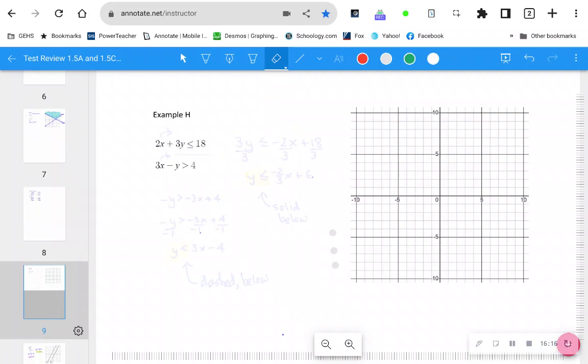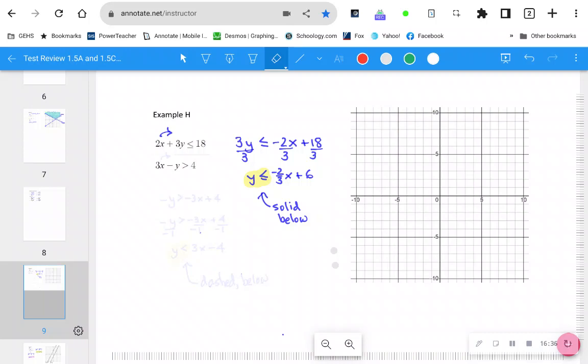Okay, the first one we have here starts out with 2x plus 3y is less than or equal to 18. So you're going to solve for y, and I will warn you that you don't decide the shading direction above or below until you're done getting the y by itself.